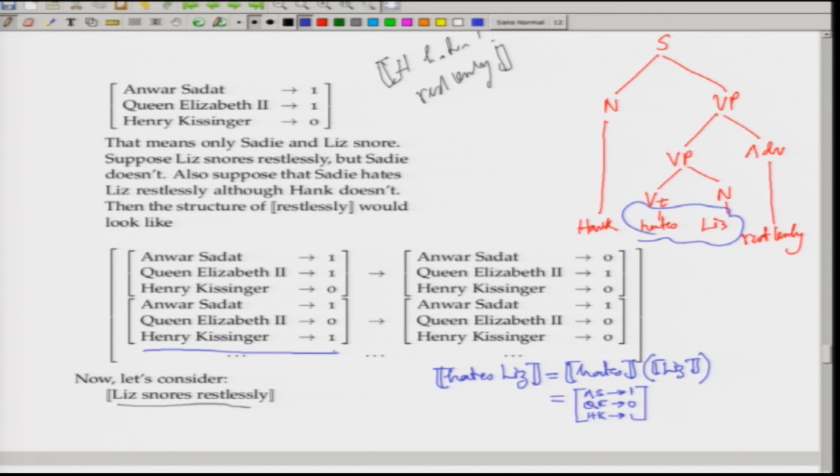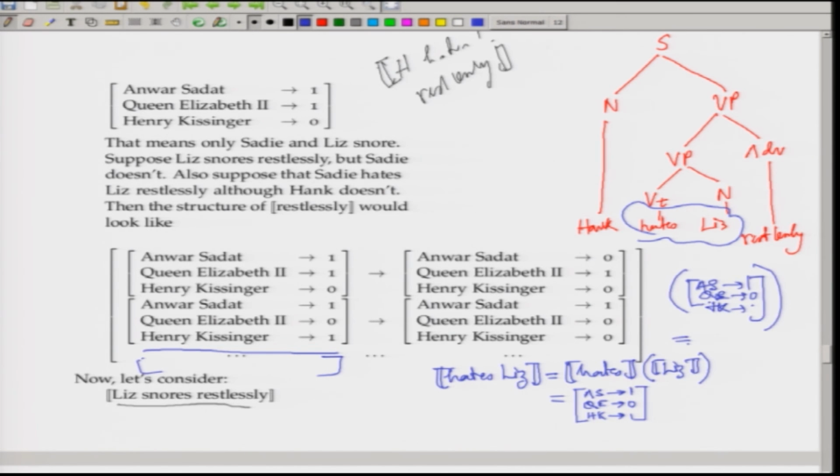It is because we are not considering just hates or Liz, we are considering hates Liz, which will look like this. Hates Hank will also be something like this, a different thing here. We are not considering that, but we could have extended it. We are now considering hates Liz. So, hates Liz is this function, and this function will now be given to this function as an argument, that is AS 1, QE 0 and HK 1.